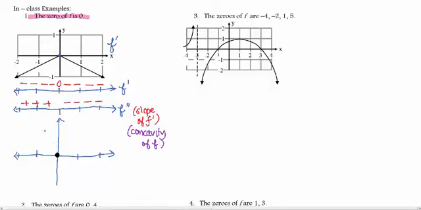So what might that look like? Concave up, negative slope. And then all of a sudden at 0, I have a slope of 0. And then it's going to be concave down, because f double prime is negative, with a negative slope. So something like this, and this is going to be the graph of f.